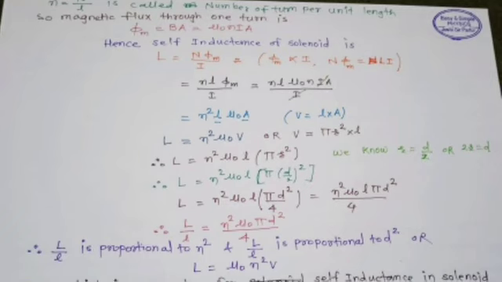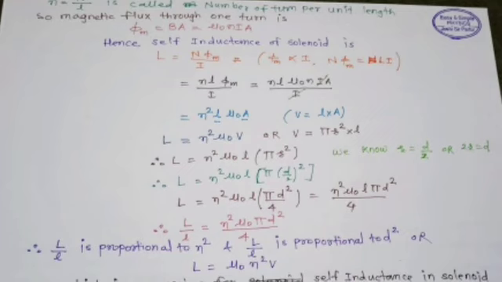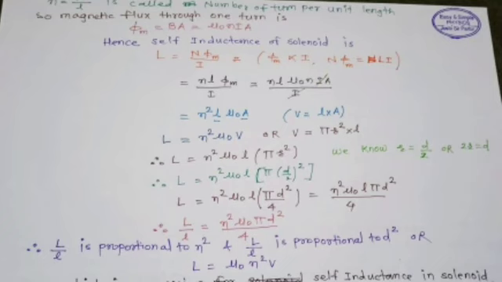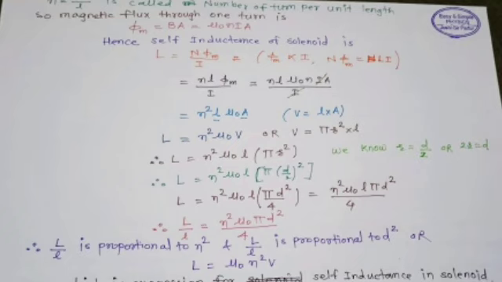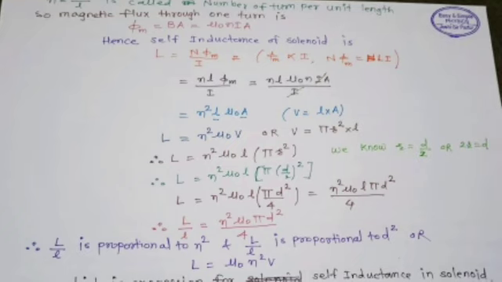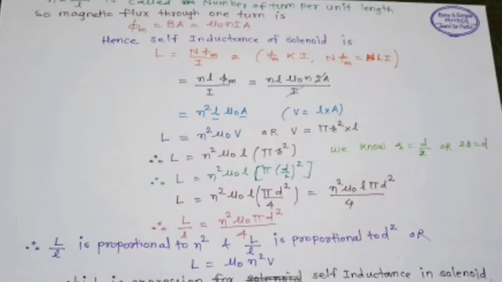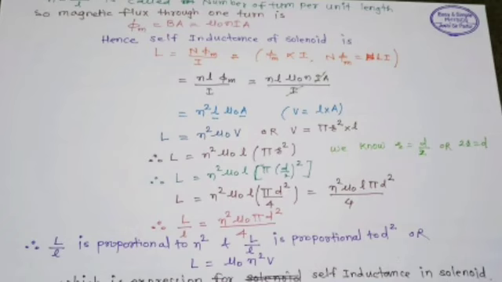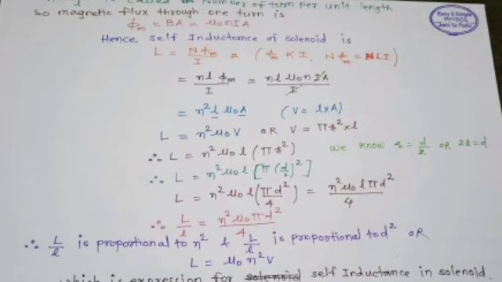So, capital L equal to n squared l mu 0 A, where A times length l is called volume. So, self-inductance capital L equal to n squared mu 0 V, where V equals pi r squared l. So, again, self-inductance capital L equal to n squared mu 0 l in bracket pi r squared.